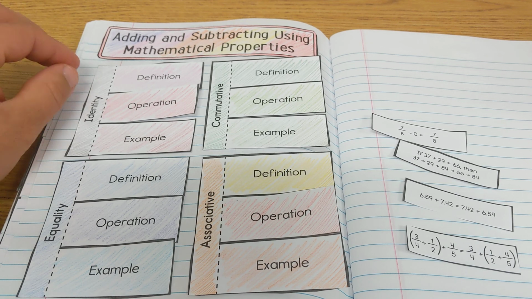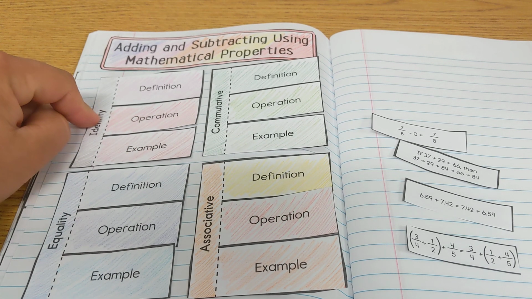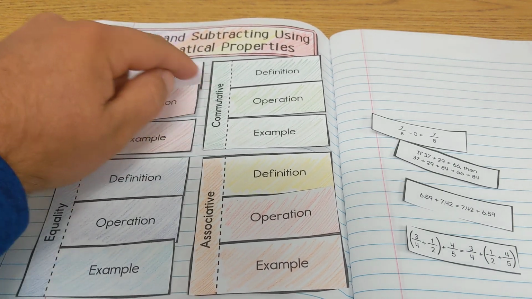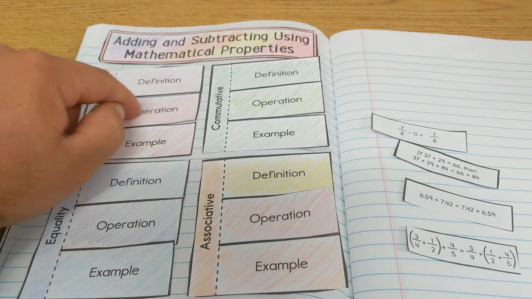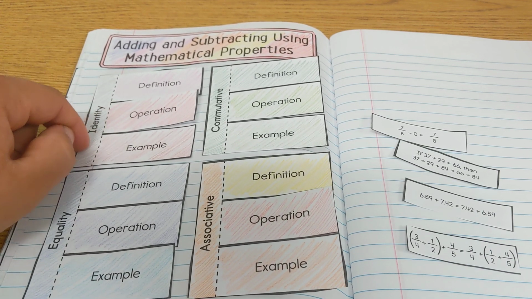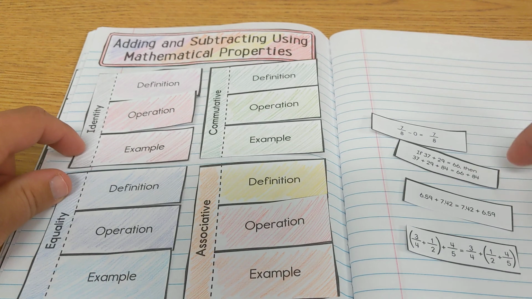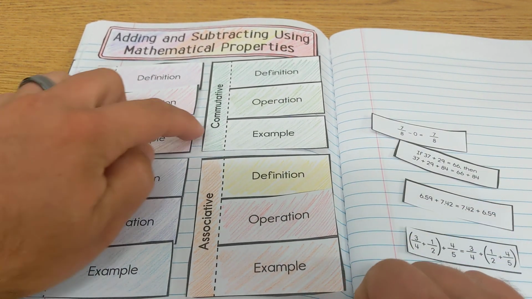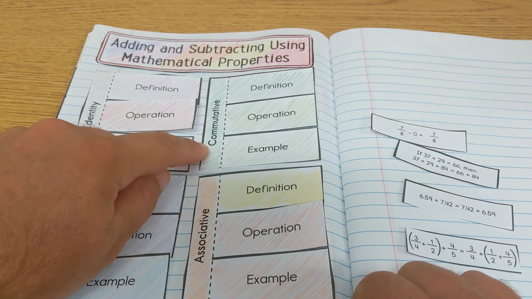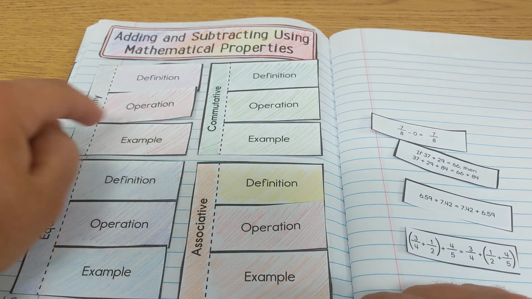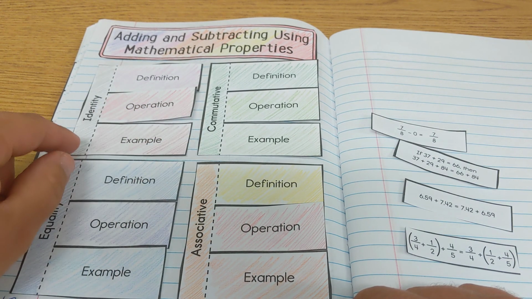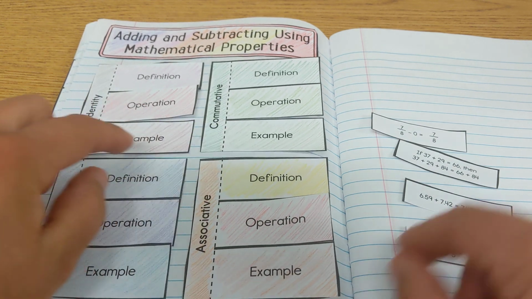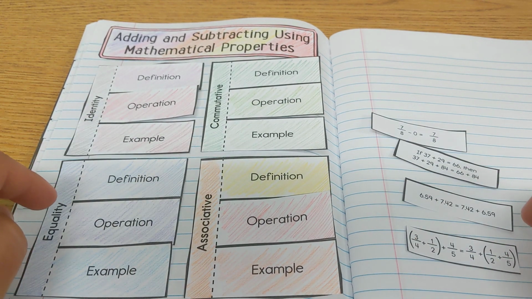Okay, my suggestion would be write one of the properties, like in the middle, the definition under it, then the operation down below it, and then one of the examples, whichever example goes to it. Okay, underneath. And then drop down below it the other property. Okay, so commutative. All right, then the definition, the operation that we can use, the commutative property, and whichever example.